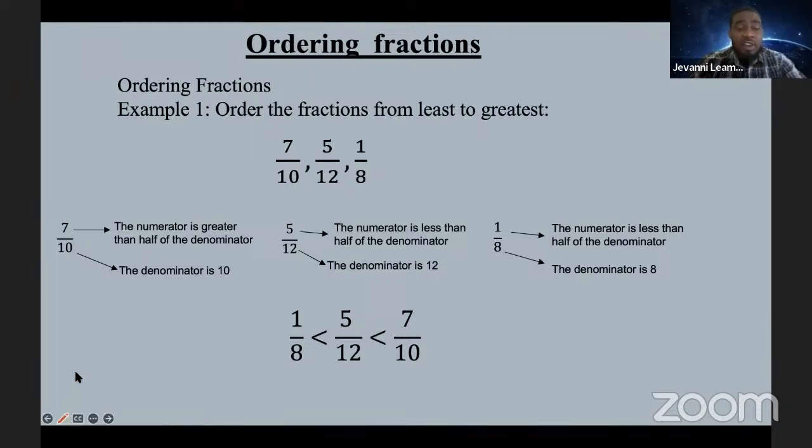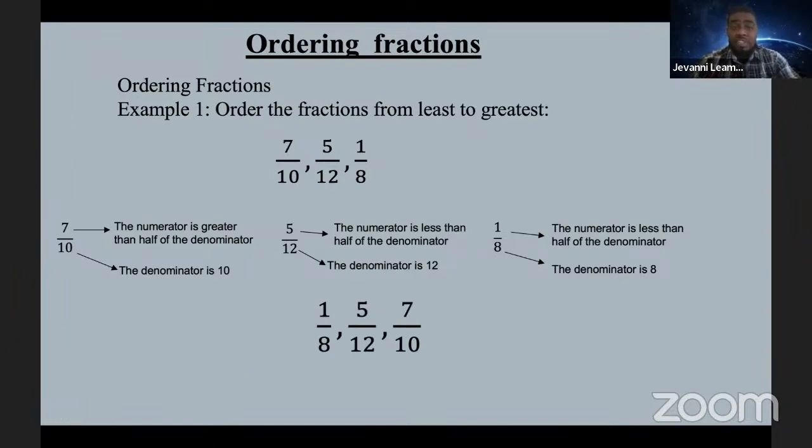So as you said earlier, the first thing I'm going to write is 1/8, then 5/12, and then 7/10. That's how we order fractions from least to greatest. And if we had greatest to least, we would switch them, starting with 7/10, then 5/12, then 1/8.